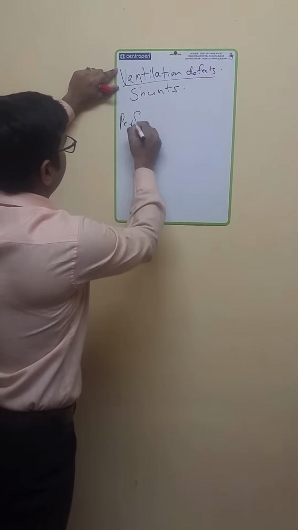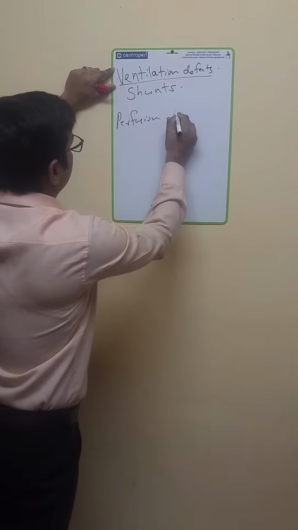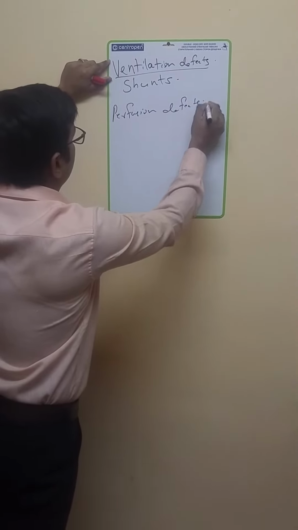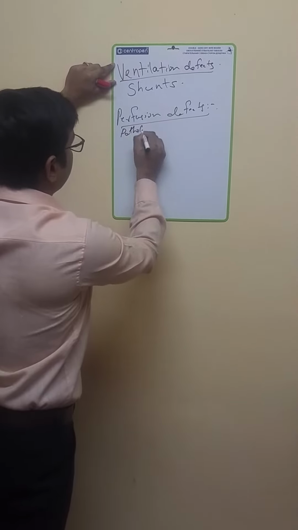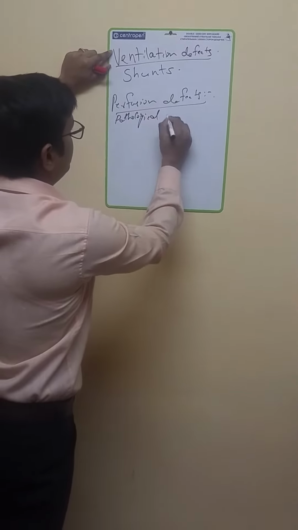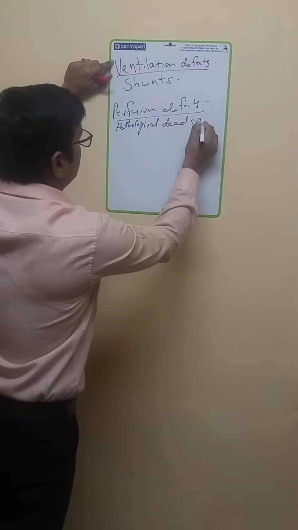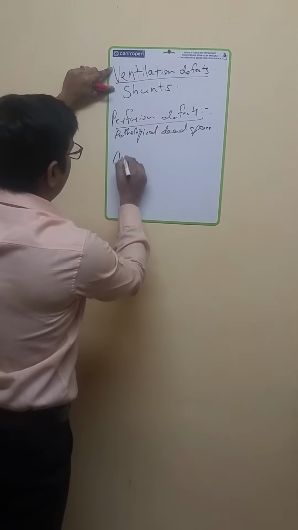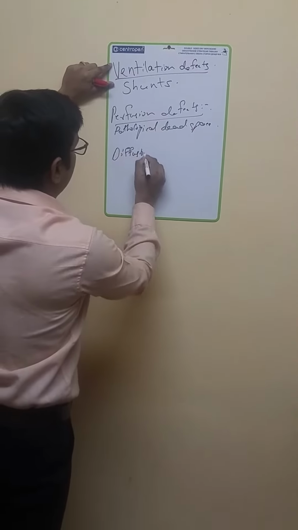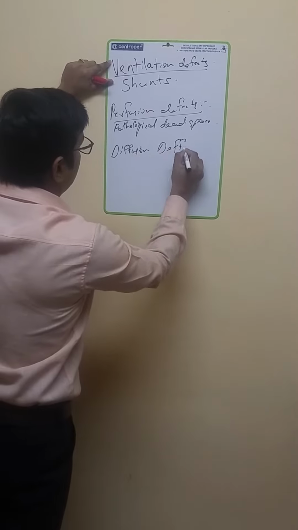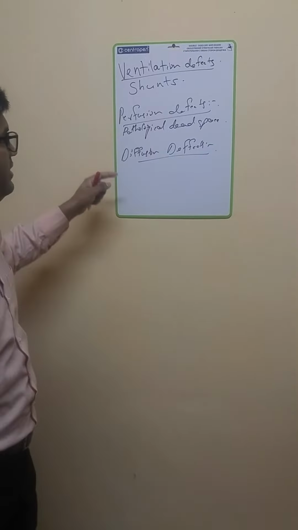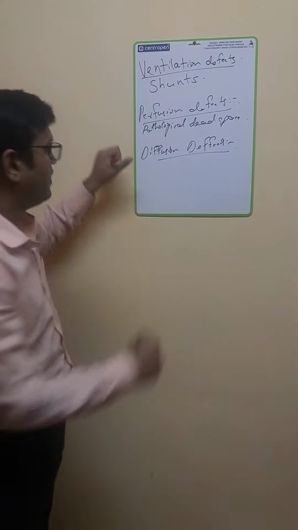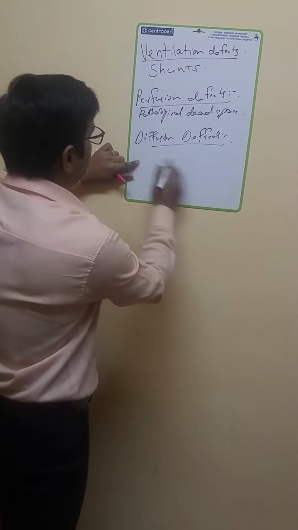Perfusion defects produce pathological dead space. And diffusion defects don't produce anything, but diffusion defects are because of fibrosis, pulmonary fibrosis.